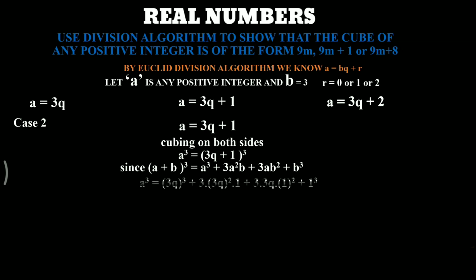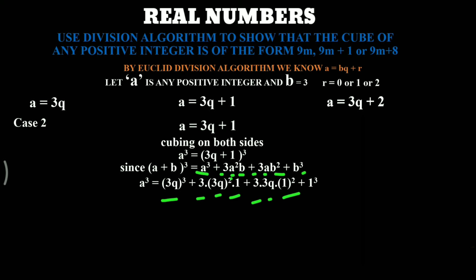So I am going to expand it by using the formula. Here, according to the given question, first term whole cube: the first term is 3q whole cube. The second term is 3 into first term square into b. The third one is 3 into first term into square of the second term.